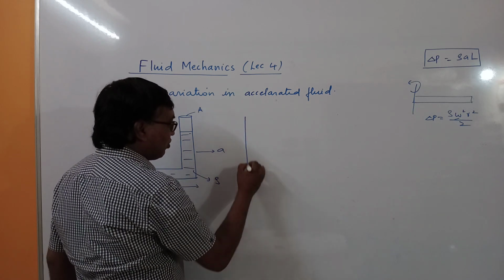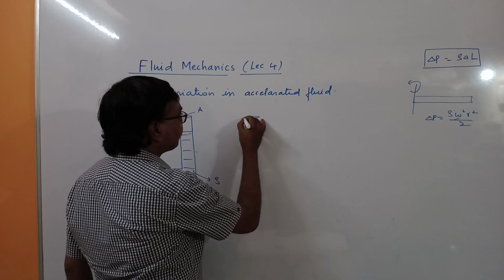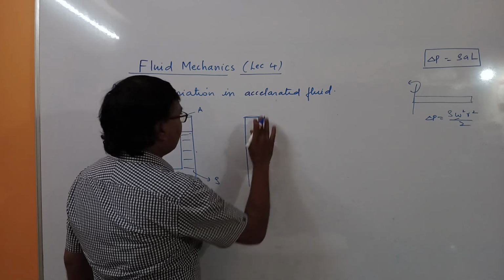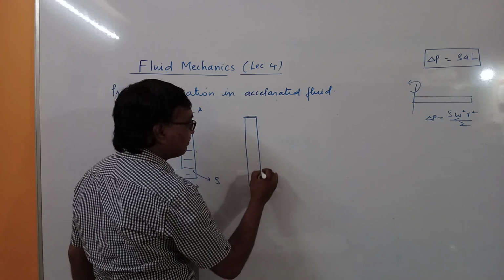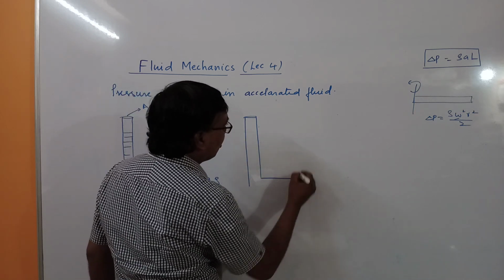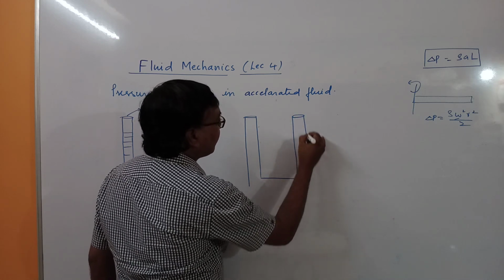So let us take one more diagram. This is at rest. Once it accelerates, the levels of the fluid column in both arms will be different.